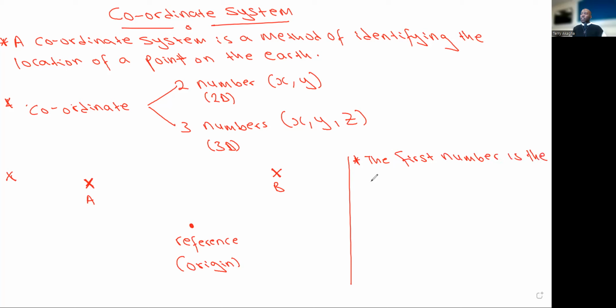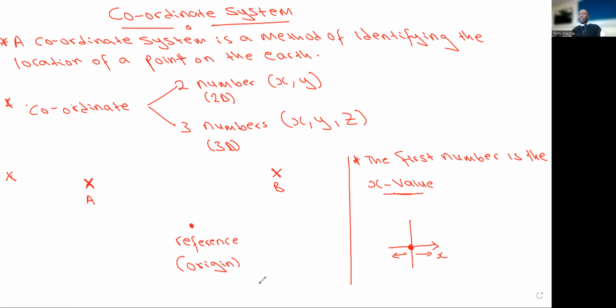Now this number tells us how far from the reference point going left or right. Does that make sense? So that means it indicates how far left or right from the origin. If we have this origin here, it tells us whether you should go left or you should go what? Right.